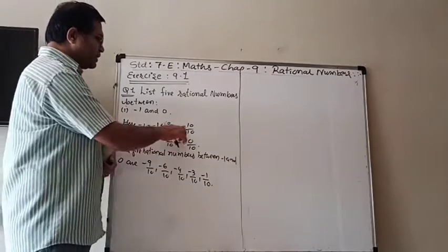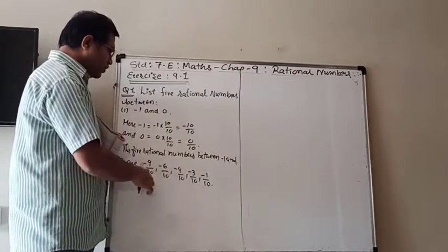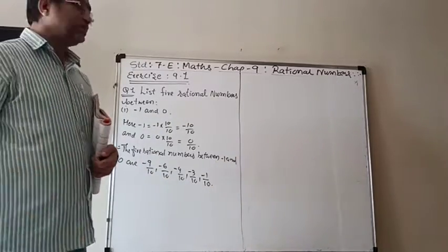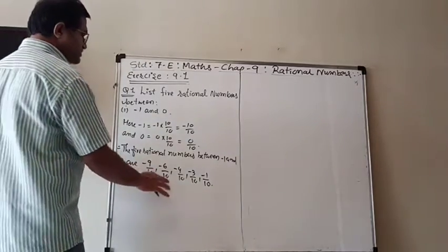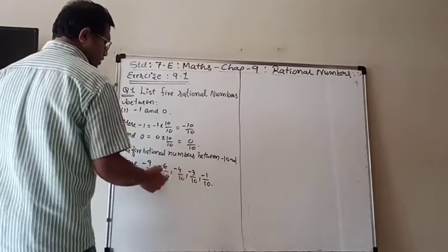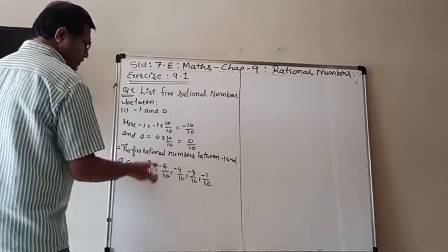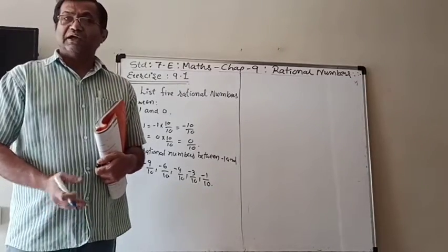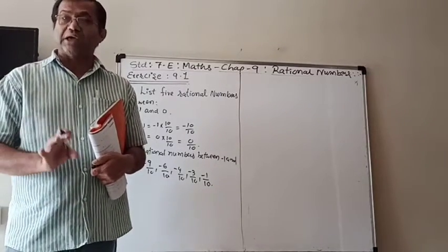So it should be between -10 and 0, and in all of them the denominator will be 10 because we converted them to base 10. So it's not necessary you have to multiply with 10 upon 10, you can multiply with 20 upon 20 and then take 5 between them.